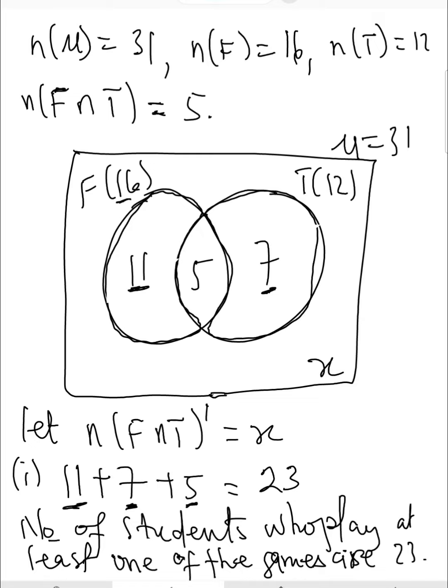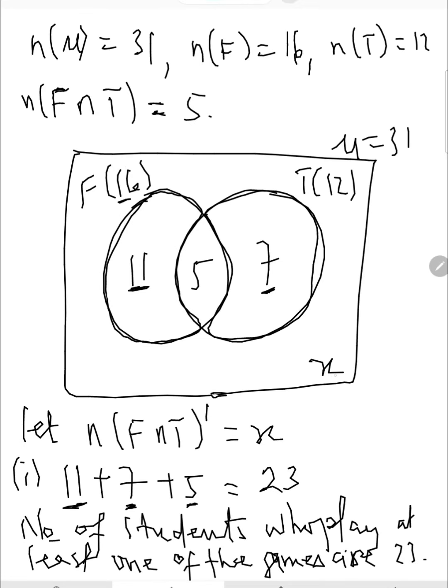Now let's move to our next question, which is II. We are looking at those who play none of the games. Don't forget, this X also represents students in the class. So what we have to do is sum all these numbers and equate it to the universal set.